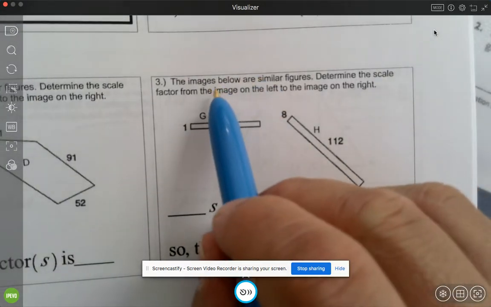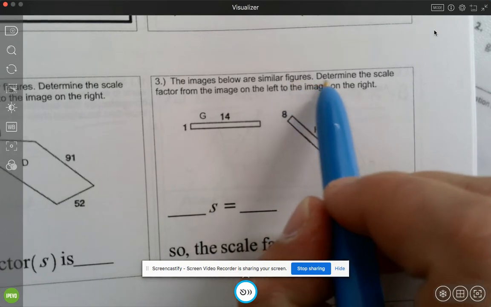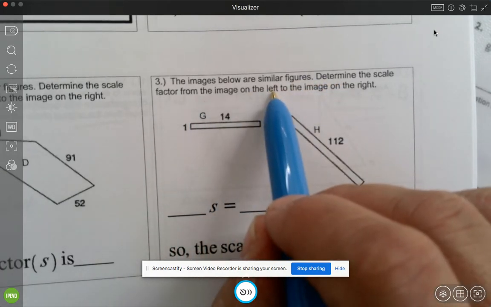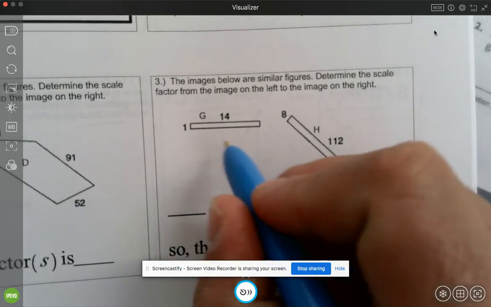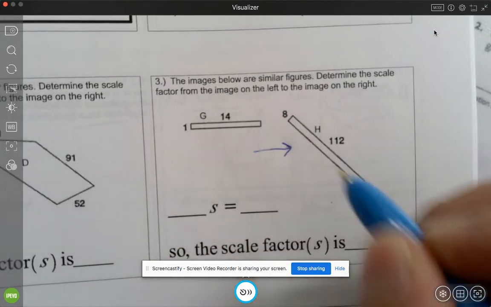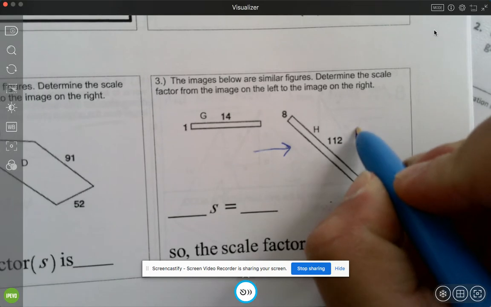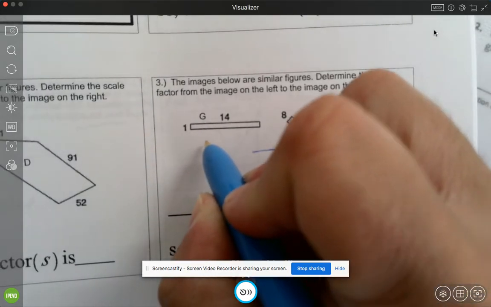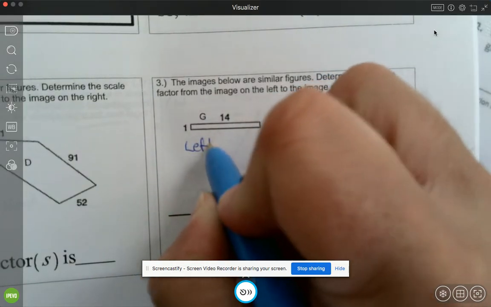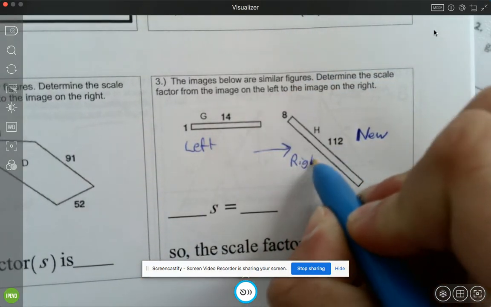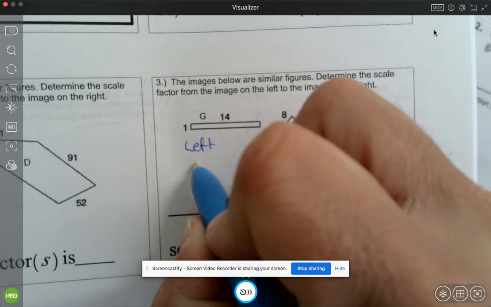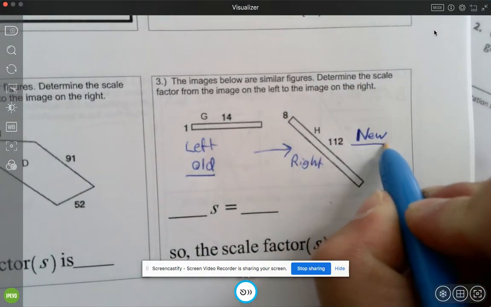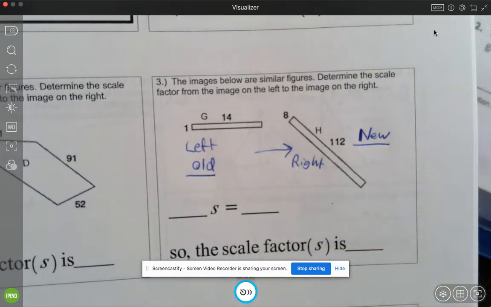It says the images below are similar figures. Determine the scale factor from the image on the left to the image on the right. So it's going from left to right. That means this one is your new, because it started on your left to right, meaning this one was your original or your old, and then this one is your new, the one on your right.